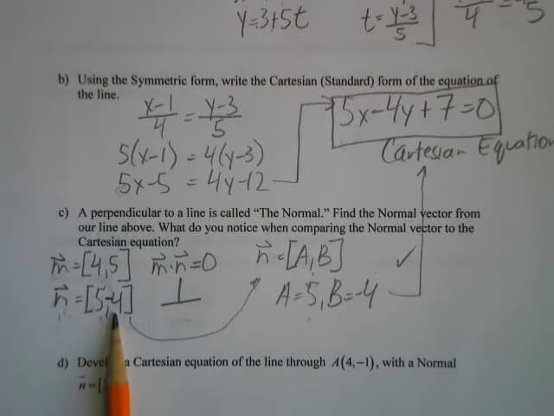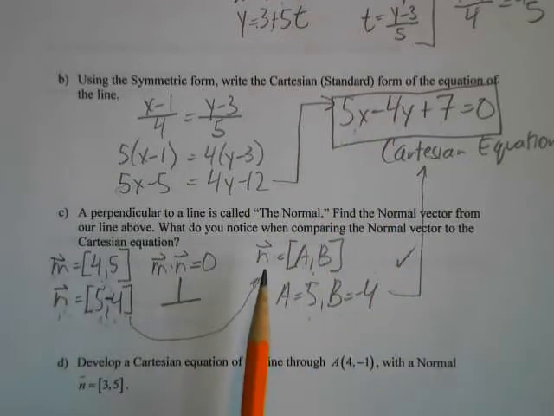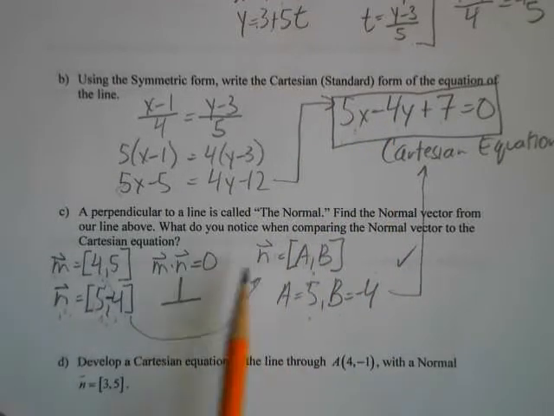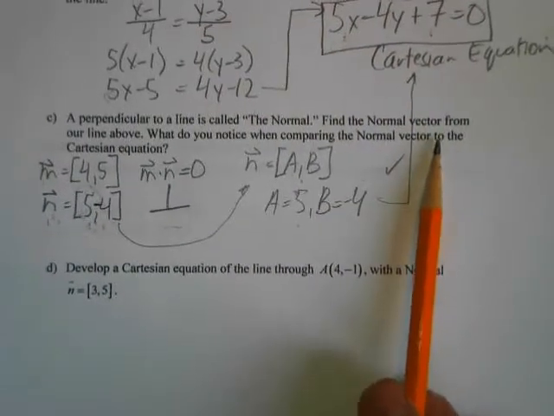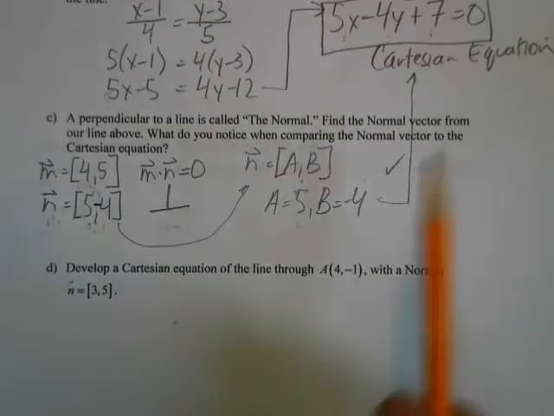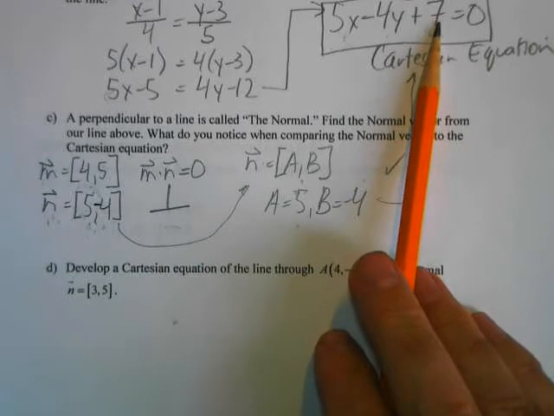And once you have the normal, you create the first two parts of the Cartesian equation. What it doesn't give you is the C part. To figure out what C is, we're actually going to have to plug in a point that we know is on the line, just like we did back in grade 9.